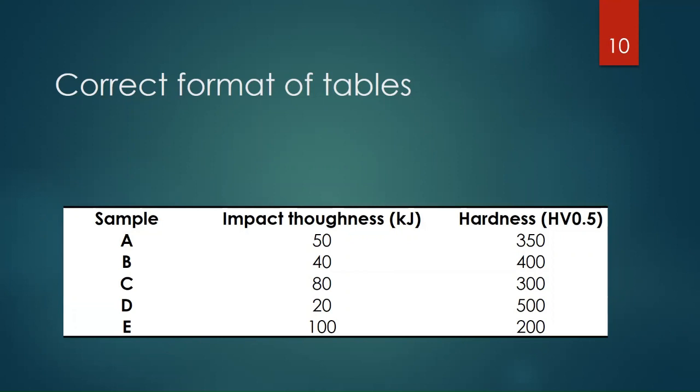And keep the numbers centered, all of them, not one on the left, one in the middle, one on the right. If you have a cell, keep them in the middle. That's the simplest way of presenting. And again, when you have numbers in your paper, presentation, or thesis work, you need to have the units in front of them. So in the table, if you have a number, you should give the units as well.